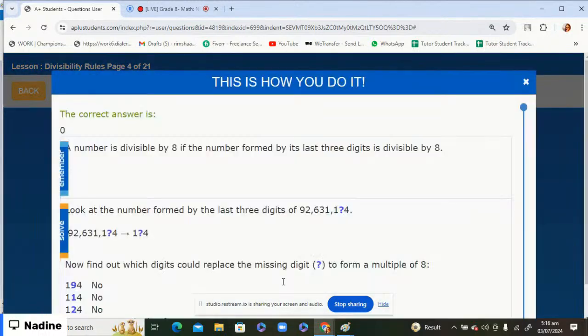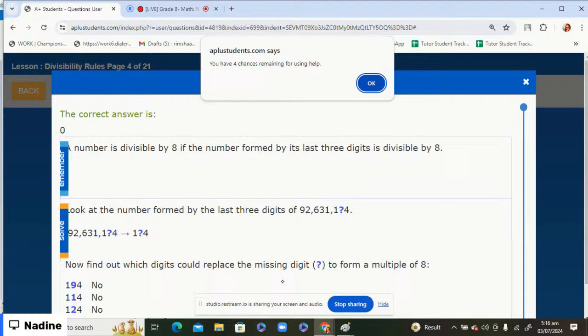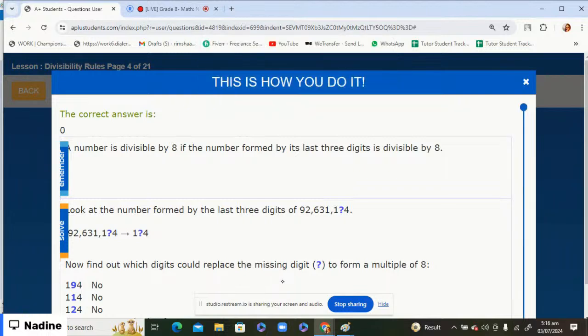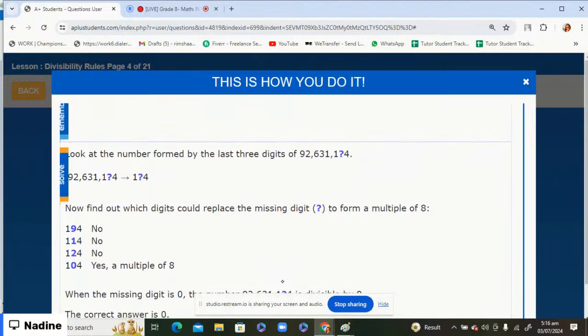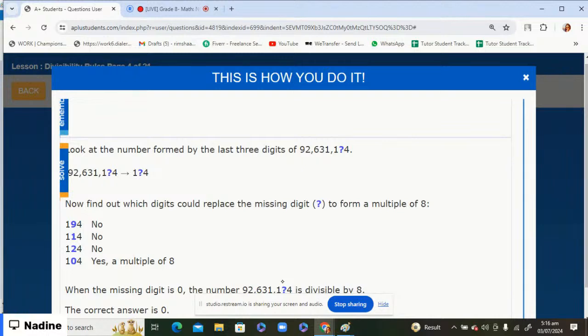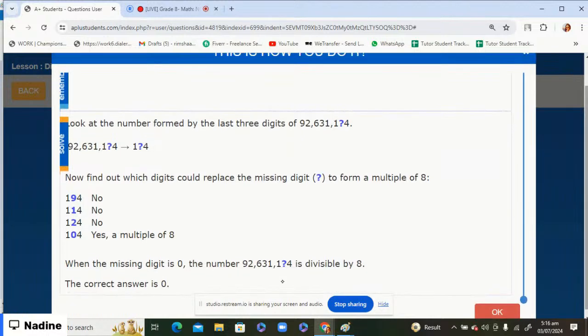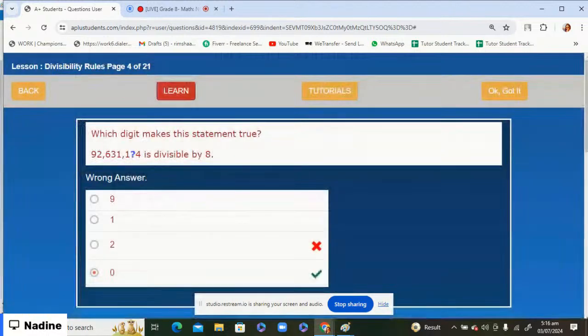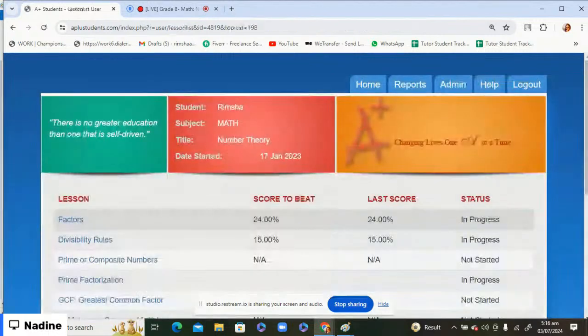Okay, let me just check why it's wrong. We can also check the last digit of this one. Now here are all the divisibility rules, so we can check them one by one.